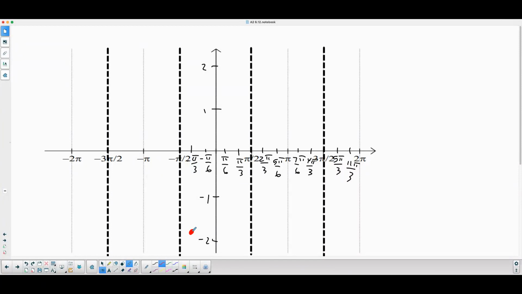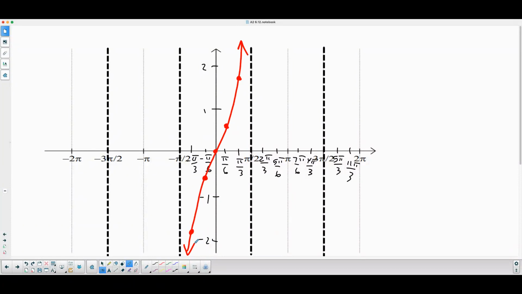Negative pi over 6, we're at negative 0.5 something. 0 is at 0. Pi over 6 is at 0.5 something. This is 1.74. So what you end up getting is a graph that looks like that. All right? And we get that little curved graph.